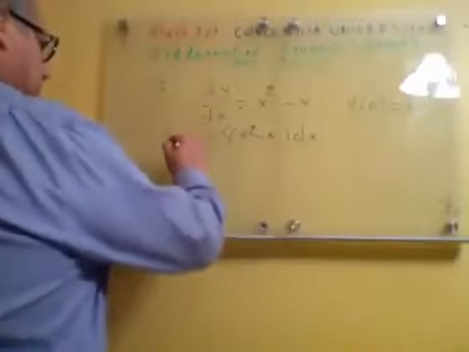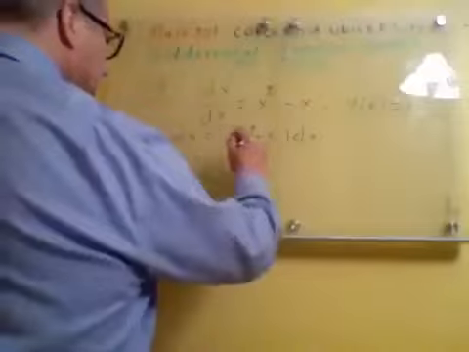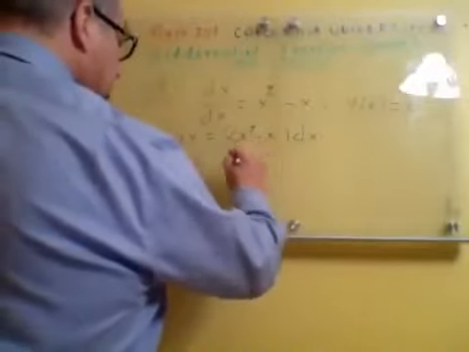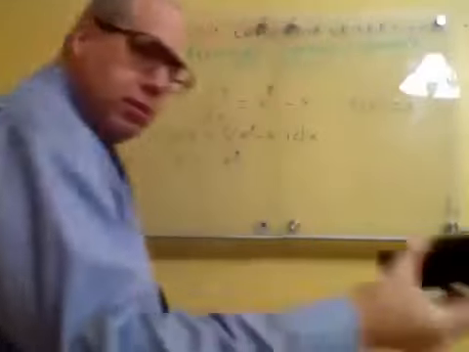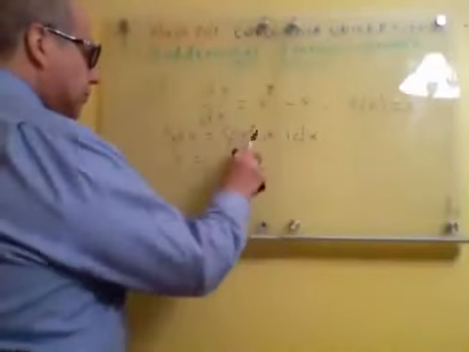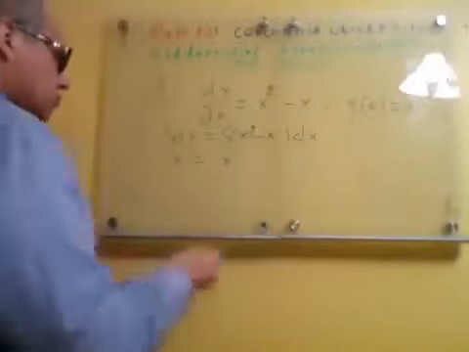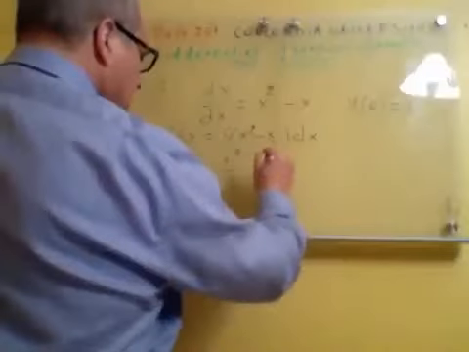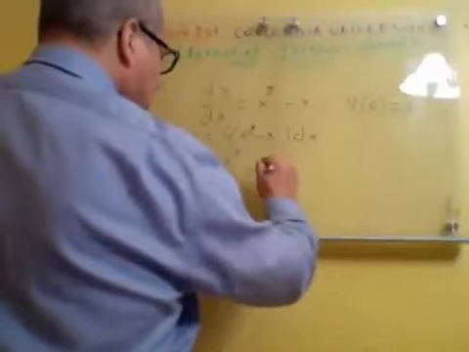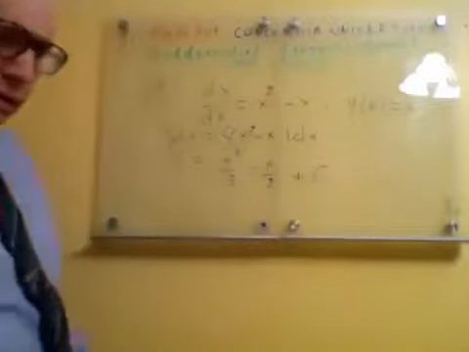So the integral of dy is y, and the integral of x squared is x to the third over 3. And the integral of x is x squared over 2, and of course you add the c.